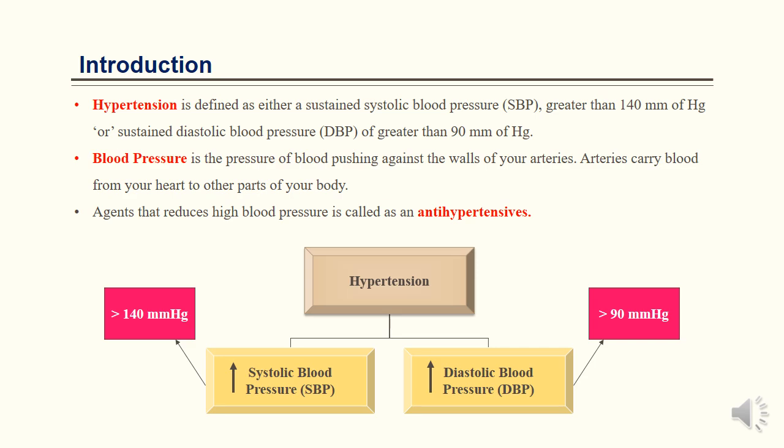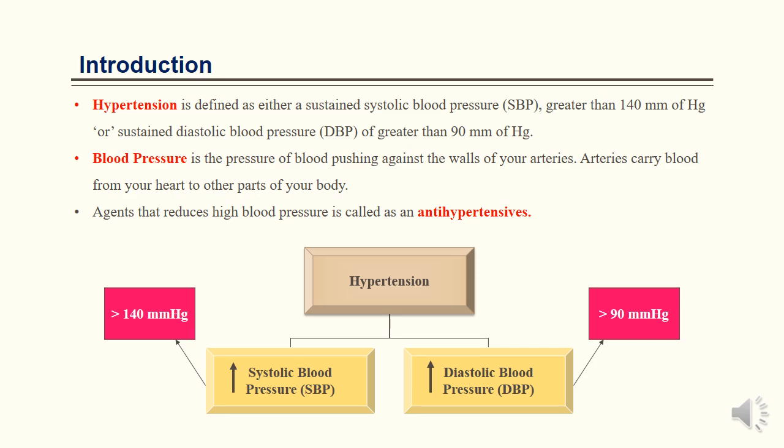Hypertension is a condition in which blood pressure is increased from the normal range, and the agents that reduce the high blood pressure are called antihypertensives or antihypertensive drugs.